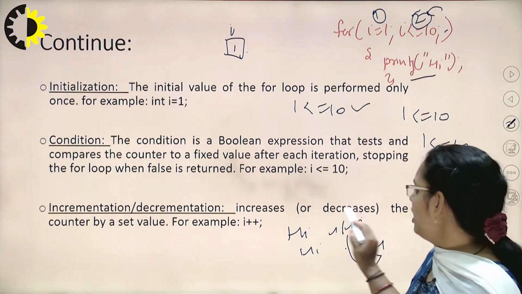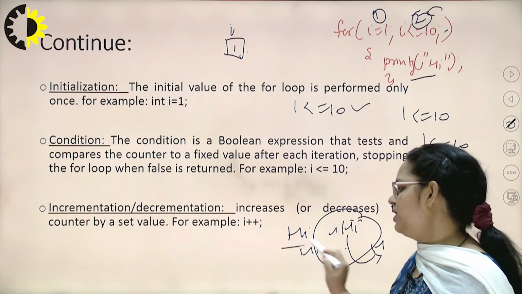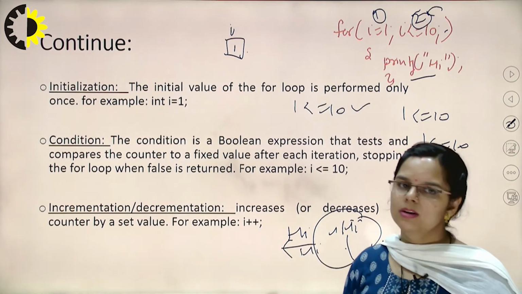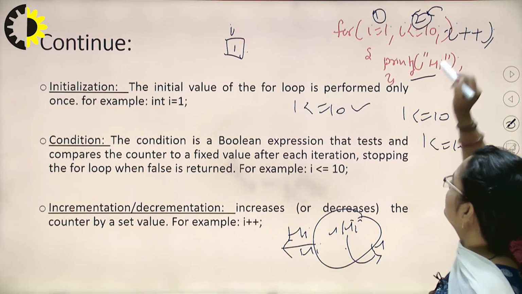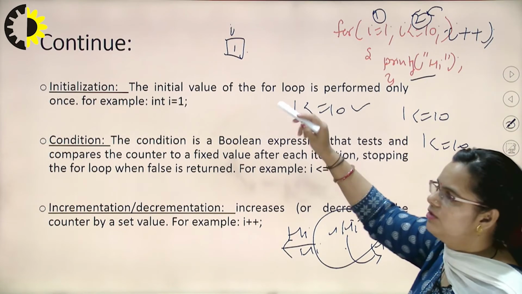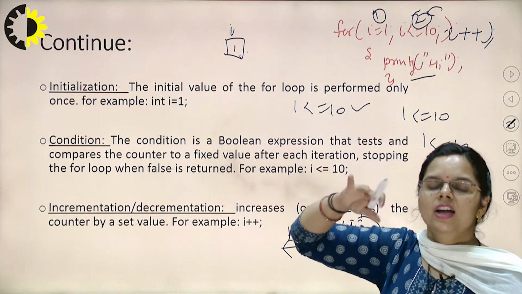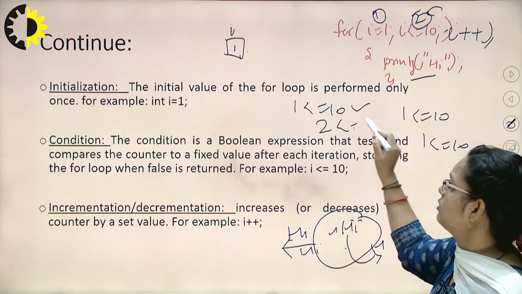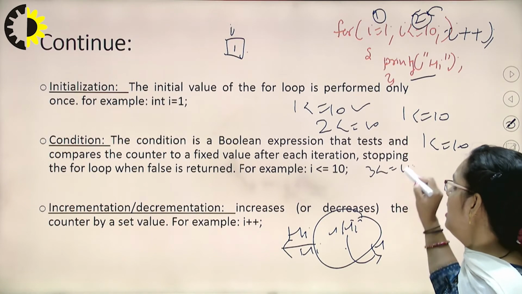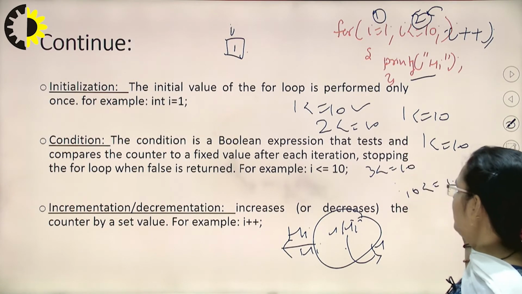So to avoid these types of problems, the value should definitely be updated. At the first iteration, I equals to 1 is checked, and at the next iteration 2 less than equals to 10, then 3 less than equals to 10, till 10 less than equals to 10, the condition would become true.